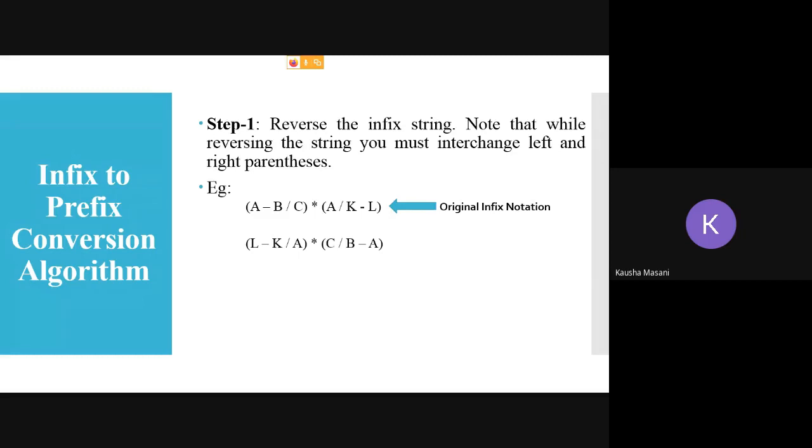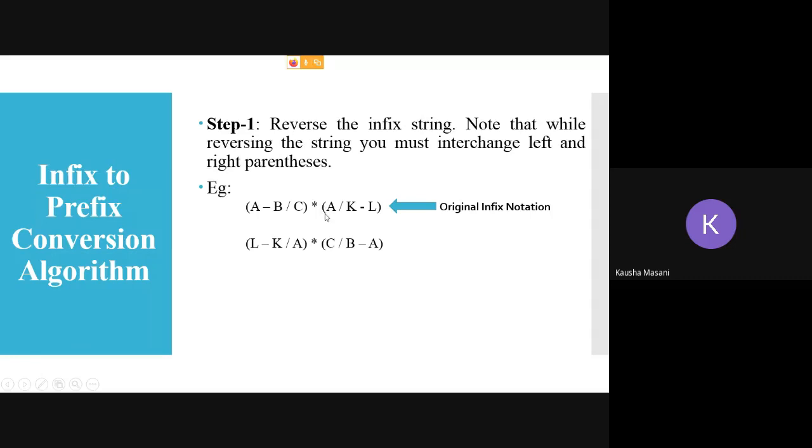From where do you start the reversing? From your right hand side. From the right hand side, the parenthesis was a closing parenthesis, so it became the opening parenthesis. We reversed it. Then L, then minus, then K, divide, A, star. Sorry, don't forget this parenthesis also.